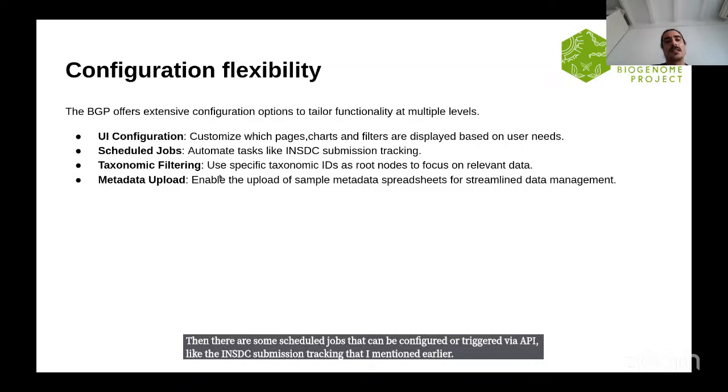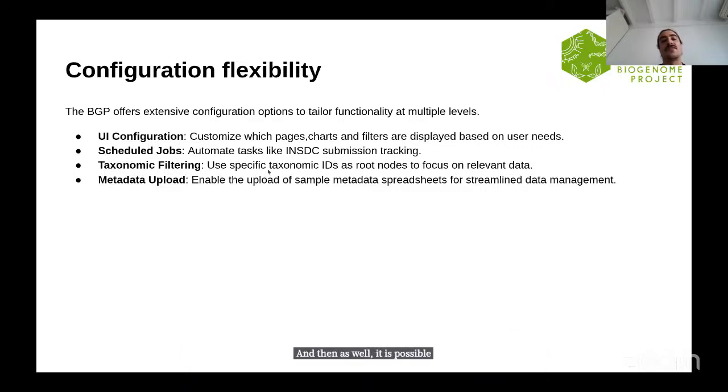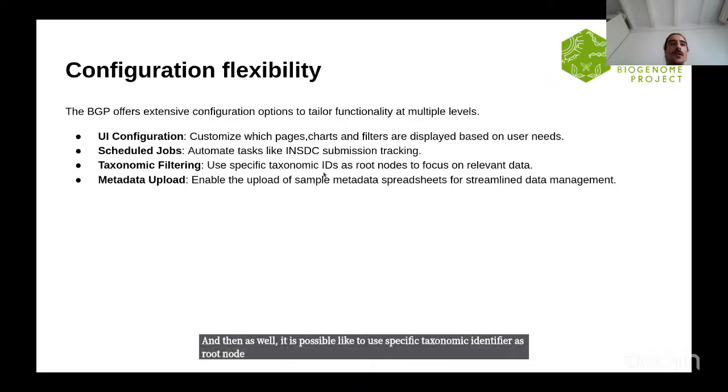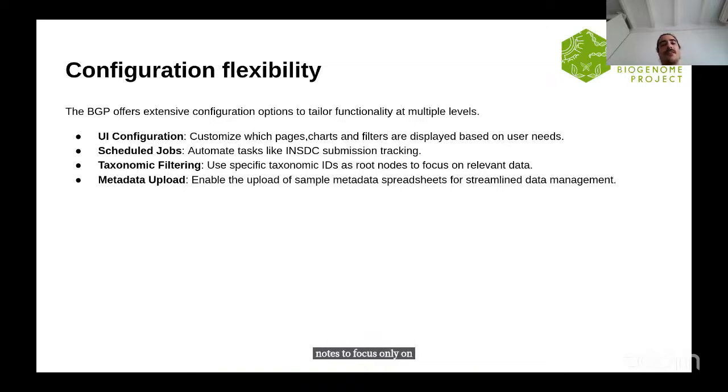And then it is also possible to use a specific taxonomic identifier as a root node to focus only on data relevant under a specific taxonomic group. And it is also possible to upload any type of sample metadata spreadsheet.